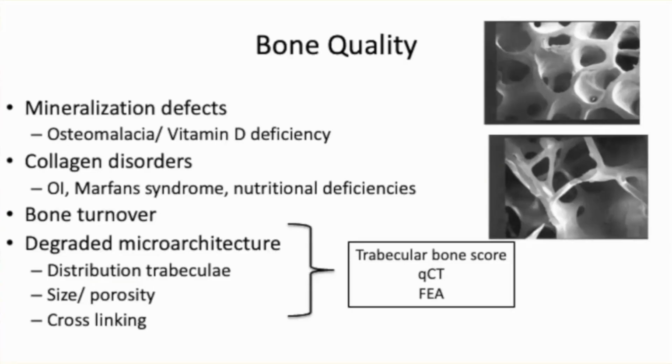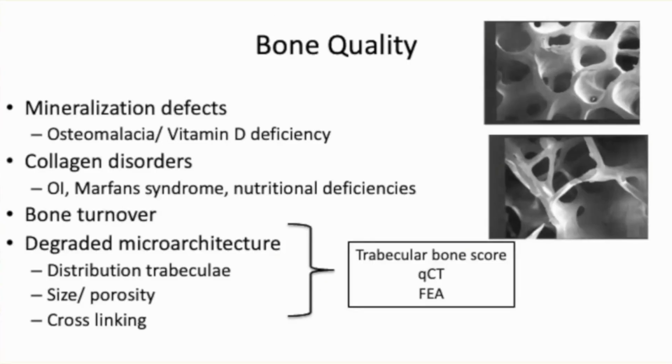And then there's something called degraded bone microarchitecture, where if you begin to look at what's going on at the trabeculae level or in the cortical bone, you start to see porosity, thinning of the cortical structures, stress fractures, notching, and all of these are called degraded microarchitecture.